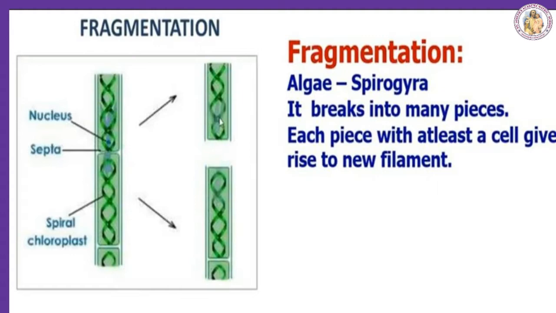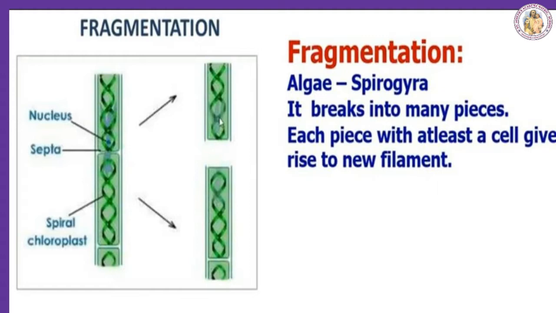Another type of vegetative reproduction. Till now we have seen vegetative reproduction takes place through leaf, stem, root and bulbils. Now we are going to see fragmentation, fission and budding. The last one is regeneration. First is fragmentation.